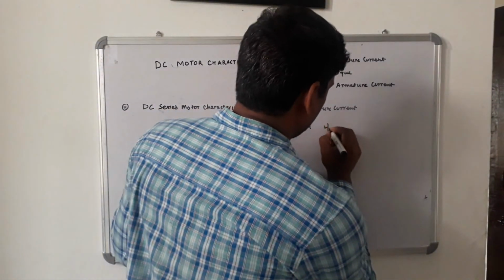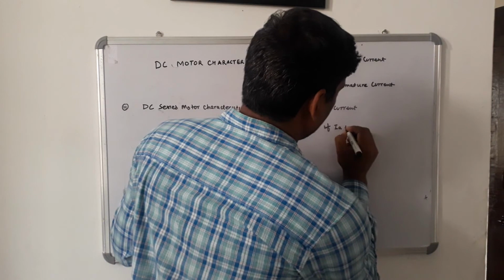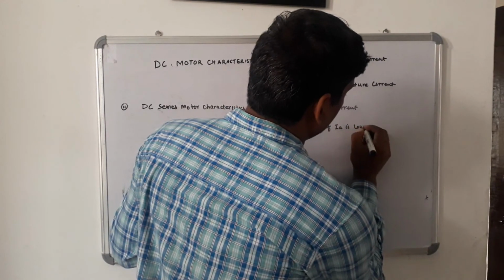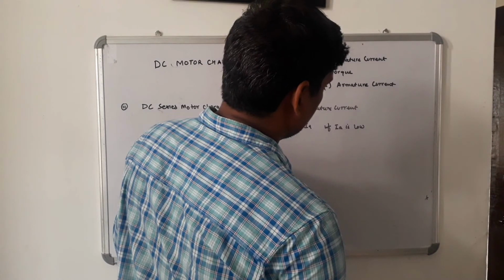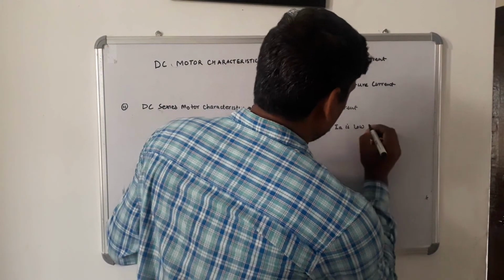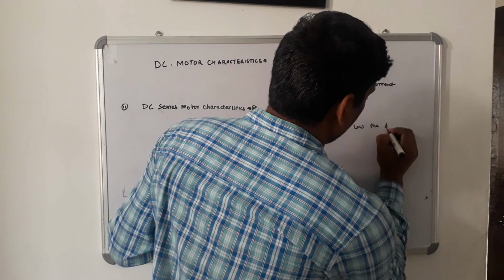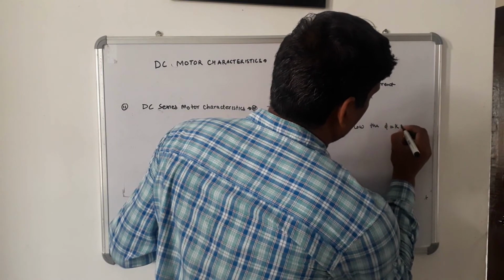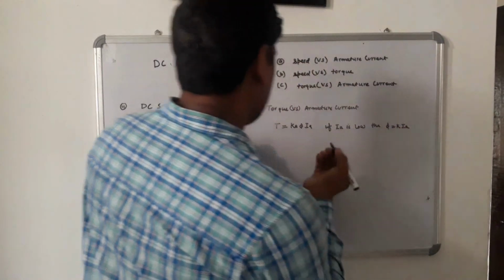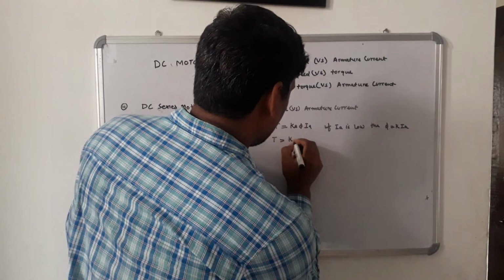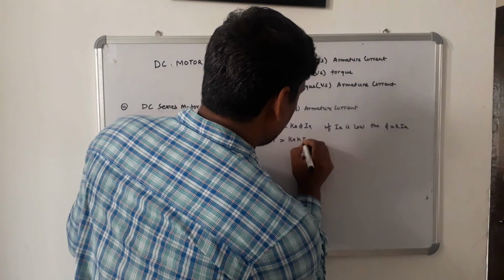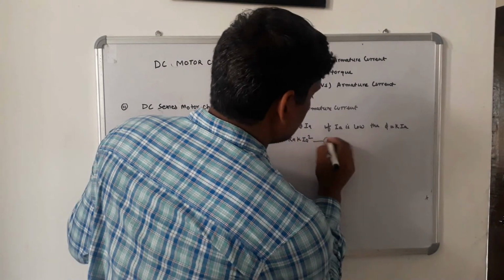Here we are taking two cases. If IA is low, then phi is equal to K IA. This equation will be converted into T is equal to Ka K IA square. This is the first case.